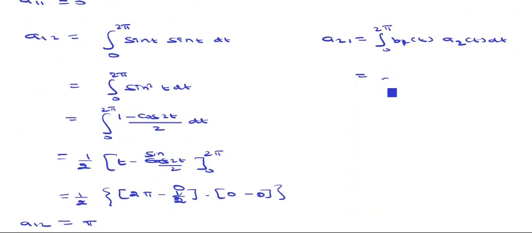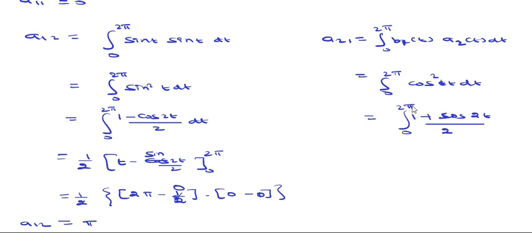So cos square t, integral 0 to 2 pi cos square t dt, which is (1 plus cos 2t) by 2, 0 to 2 pi dt. Again this is the same as a12. So a21 is also pi.